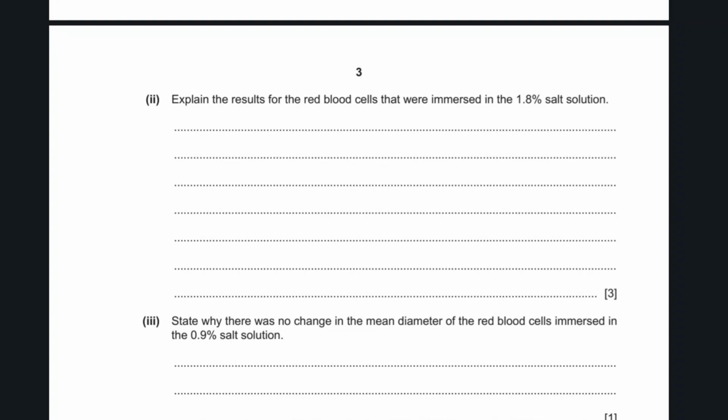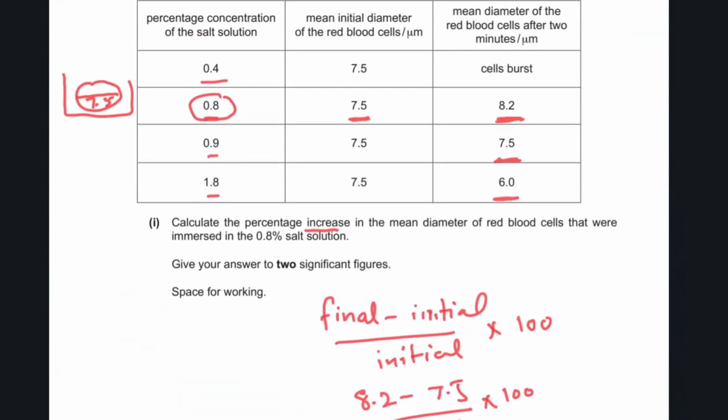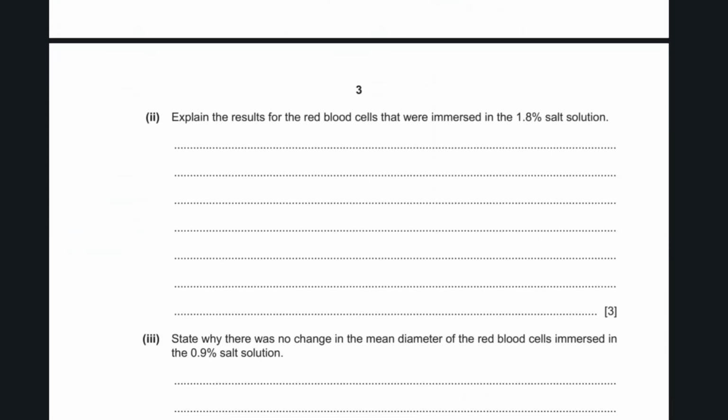Explain the result for RBC that were immersed in 1.8% salt solution. If we look at 1.8% salt solution, its diameter decreases. When you explain this, it means whenever it is placed in a solution in which there is more salt outside, water moves out by osmosis, that's why its diameter decreases.